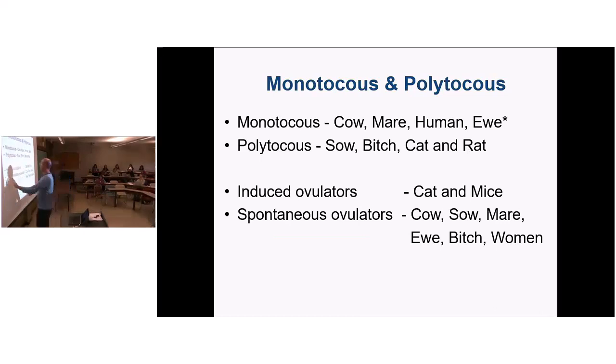We can actually not promote, but we can induce somehow that to happen. Most animals are spontaneous ovulators, which basically means we have to wait until this estradiol goes really up, and then it promotes or induces GnRH and LH. That's what I mean by spontaneous. So you have to wait until that happens. Induced ovulators, cats and mice, and rabbits to a certain extent too, ovulate once they have some sort of stimulus.